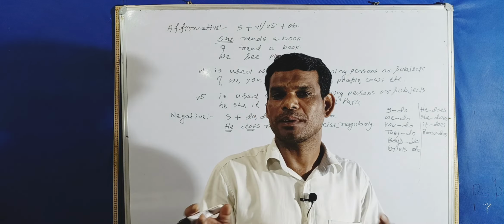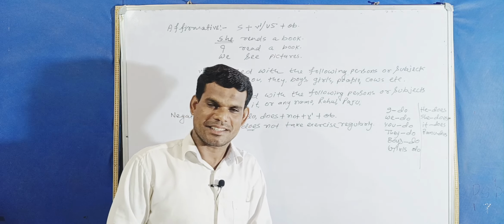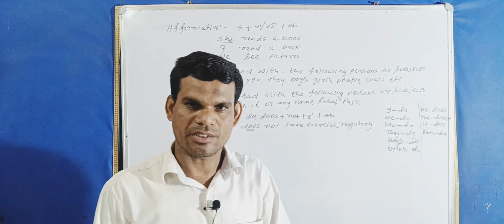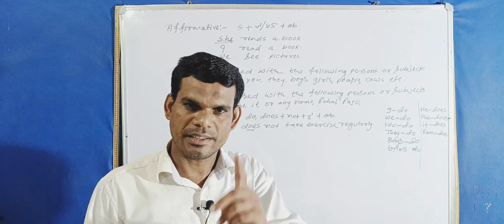Interrogative 1: as I have already discussed, interrogative 1 means when a helping verb occurs at the beginning of the sentence, whose answer can be given only yes or no. For example, do you read?